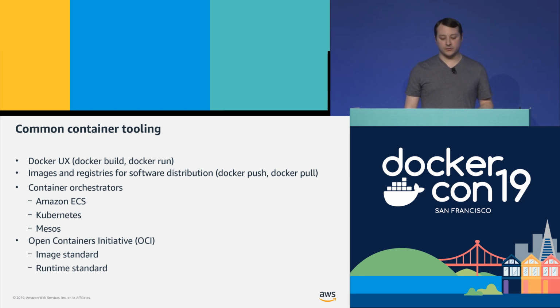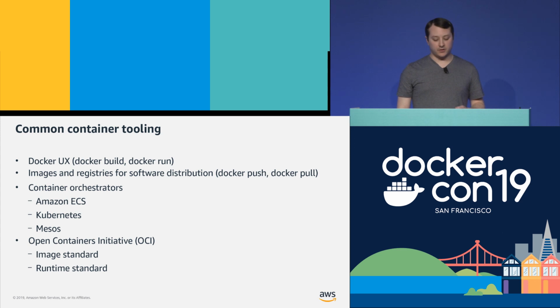As Docker has evolved and as the container landscape has matured, some standards have emerged. One of the bodies responsible for these standards is the Open Containers Initiative, a part of the Linux Foundation, whose members include the maintainers of Docker and various other parties interested in improving the container ecosystem. OCI has established a few standards that are relevant to container users and are particularly relevant to the firecracker-containerd project that we're talking about today.